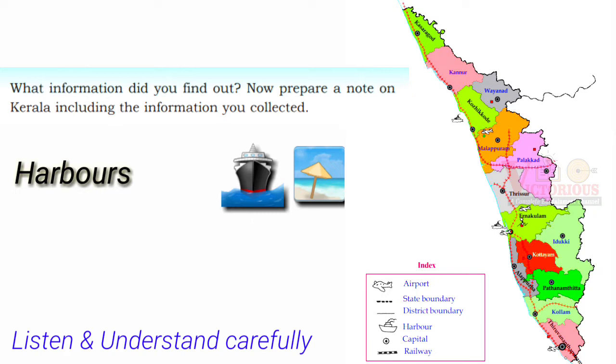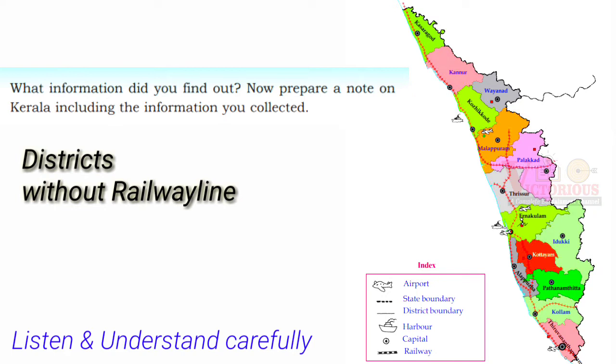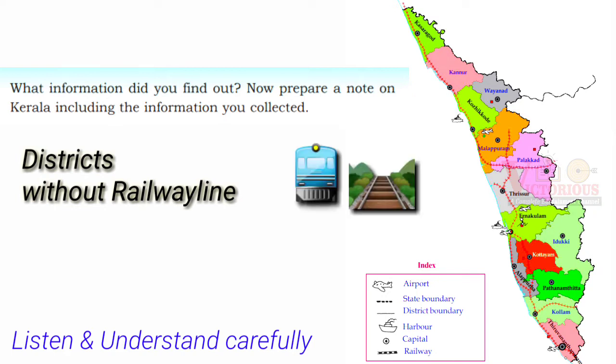Then I am asking you the next question, that districts without railway line. You look at the railway line going. So you have to say districts without railway line. Yeah, very good. Wayanad and Idukki. We can't see any railway line there, right? Good.